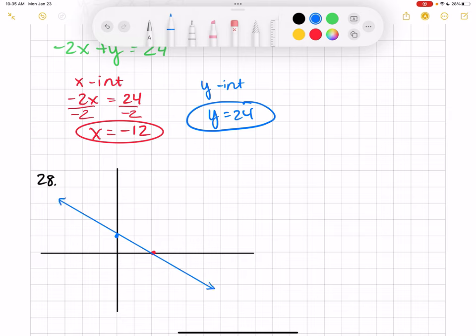All right, so my x-intercept is going to be the red dot and the y-intercept is going to be the blue dot. So what would this point be here? 2, 0. So that means that my x-intercept is 2. Then my y-intercept here, what is this point? 0, 1. So 0, 1, and that would be my y-intercept.